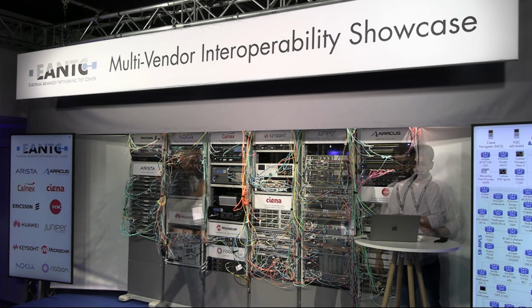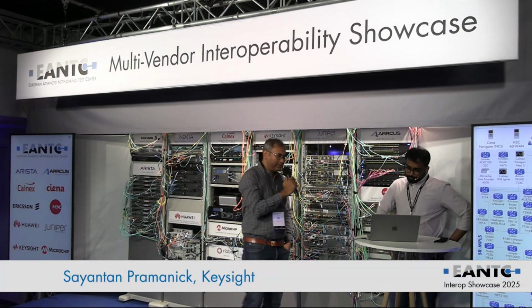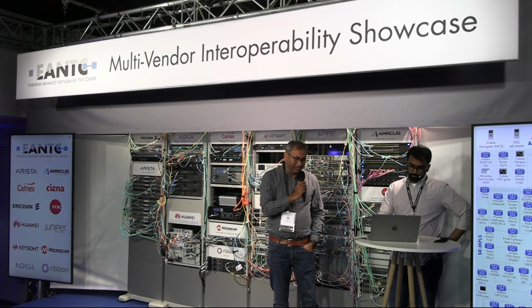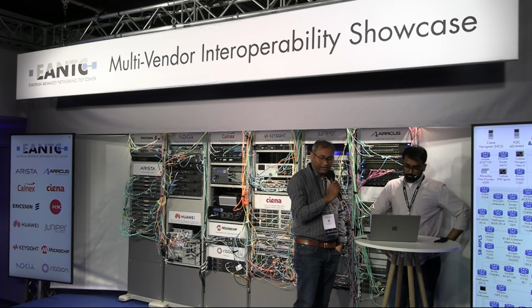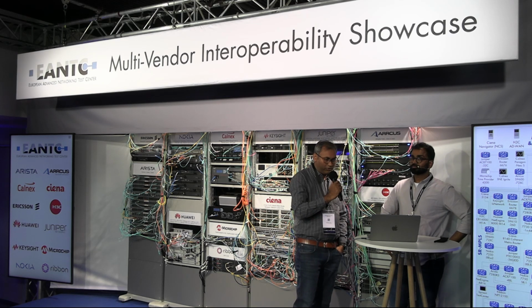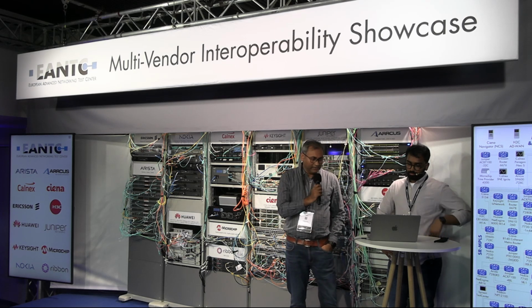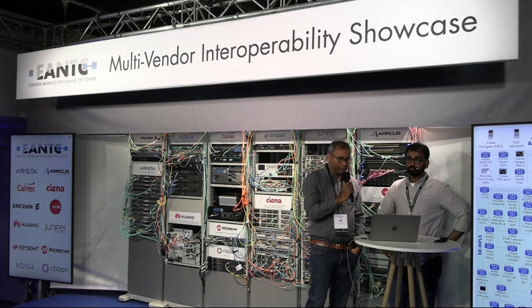Thank you, Aditya. I'm going to show two types of measurement. The first one is the traffic measurement, and the second one is the timing measurement. If you remember, we have 9 access devices, and out of the 9, we have configured traffic for 2. Basically, we have Arrcus and Huawei with these 2 access routers. We have 2 hosts attached, and we have configured 2 types of bidirectional flow.